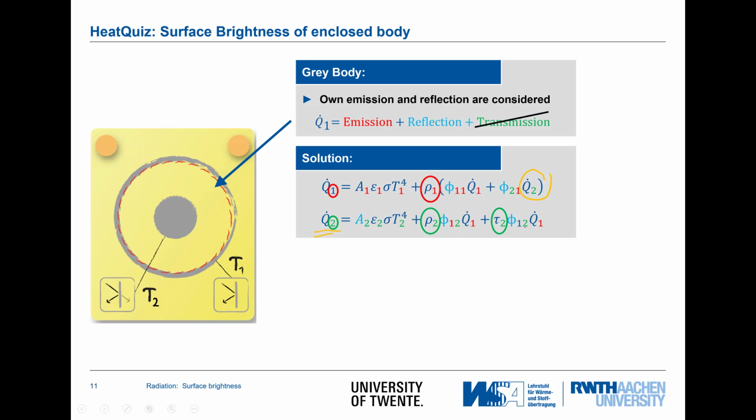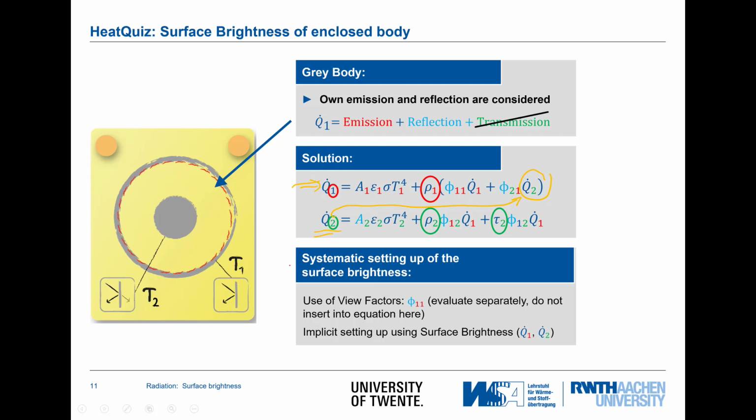Well, what's transmitted? That's all what's coming from 1 times the view factor from 1 to 2. And what's being reflected? That's also everything that comes from 1 times this view factor phi1,2 times Q1, and here it's being reflected, so times rho 2. And all of that is then going to be inserted here to finally receive Q1.